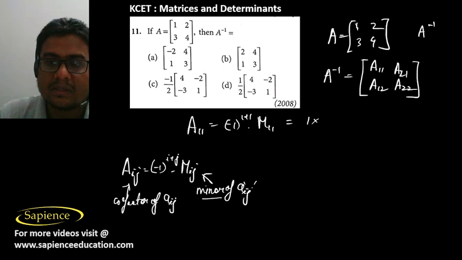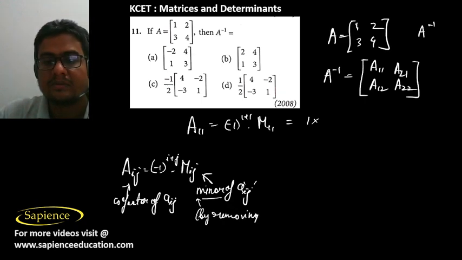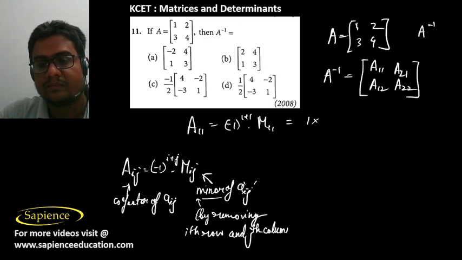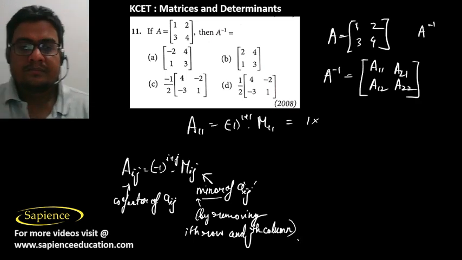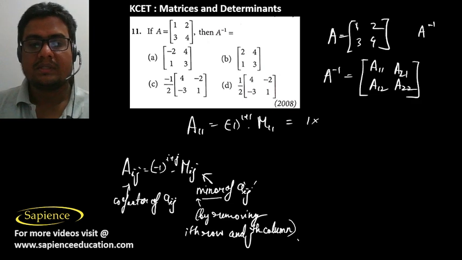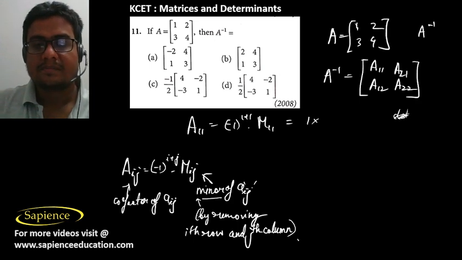It means it is obtained by simply removing the ith row and the jth column, and if we take the determinant of the remaining part, then we will get the minor of the element aij.